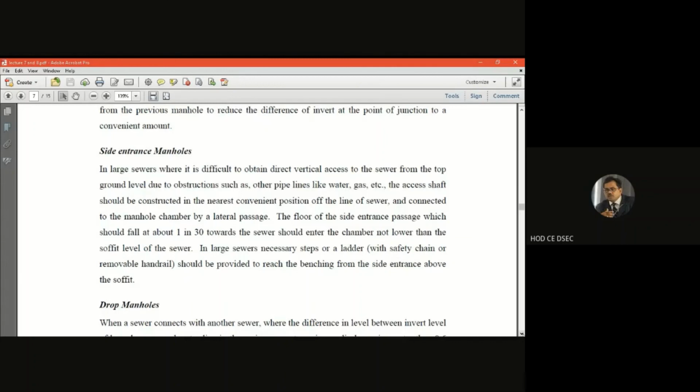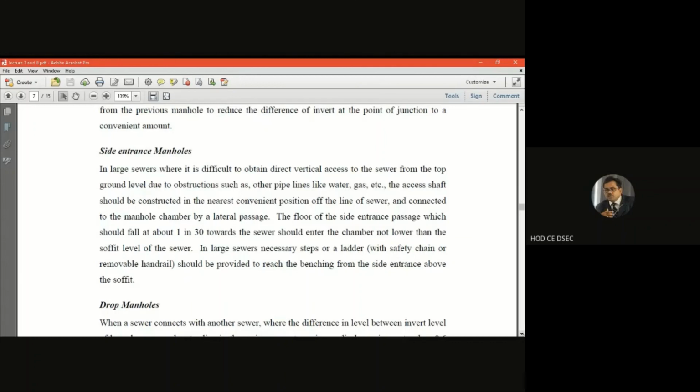So near the exact location of the sewer, one access shaft is constructed, and from that shaft a lateral passage, a lateral conveying system, is connected to the sewer system which has to be inspected. The floor of the side entrance passage should fall at about 1 in 30 towards the sewer, and should enter the chamber not lower than the soffit level of the sewer.